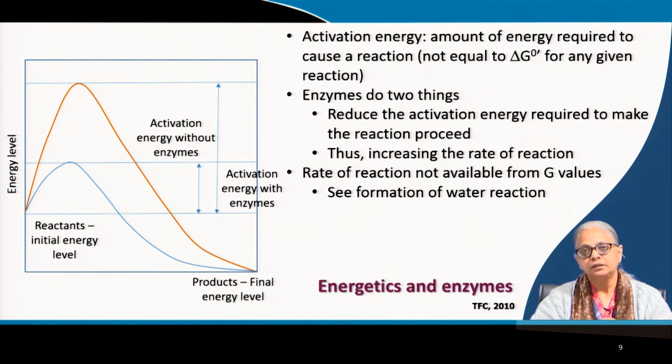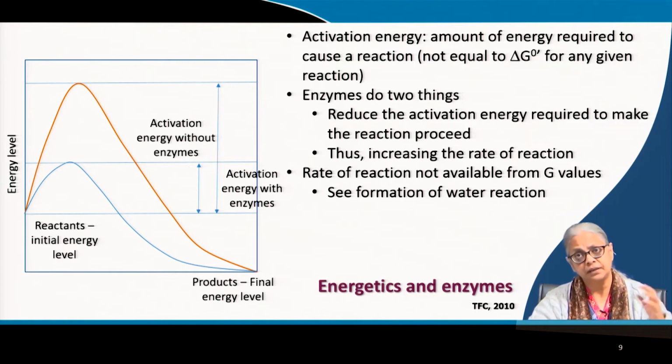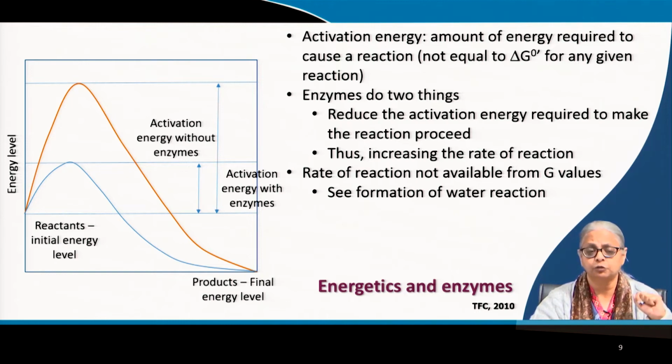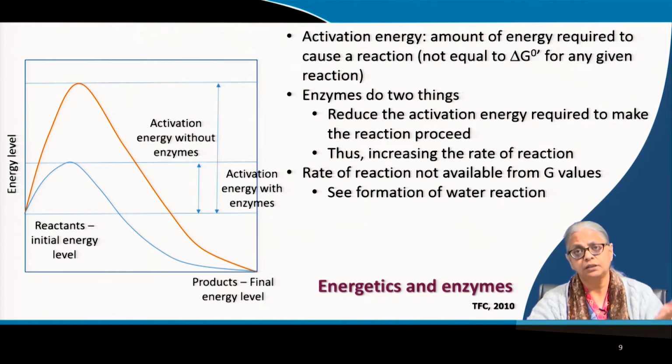It needs something more. So I can start heating it and I can combust the entire thing. What will happen? Yes, I will get CO2 and water at the end of it. But that's not what we normally do. So that is the activation energy required to make the reaction happen and then get some energy out of it.